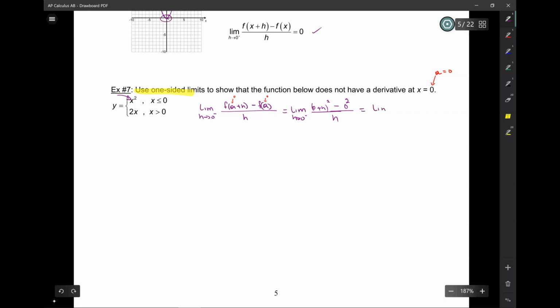So this is going to be the limit as h approaches 0 from the minus side of h squared over h. And that's the limit as h approaches 0 from the minus side of h, so that is 0. Okay, so this is the left-sided derivative.